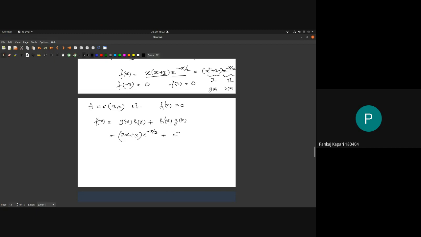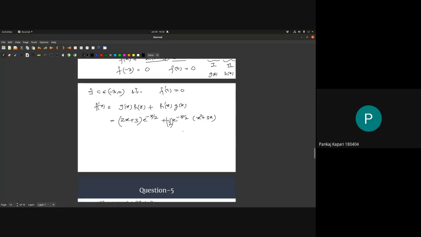So in this case it is e to the power minus x by 2. Now you apply the chain rule, differentiating minus x by 2, which gives you minus half, and you have your g(x), x square plus 3x. Is this okay?